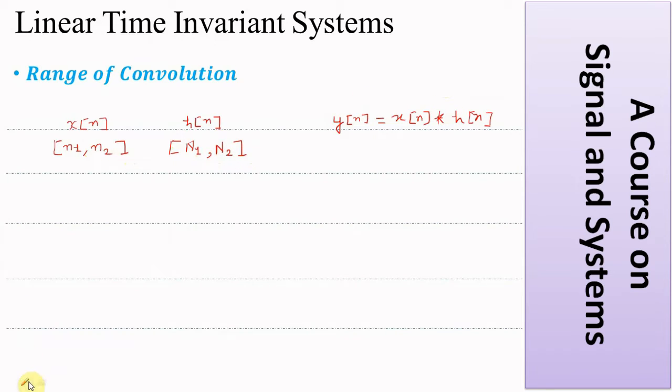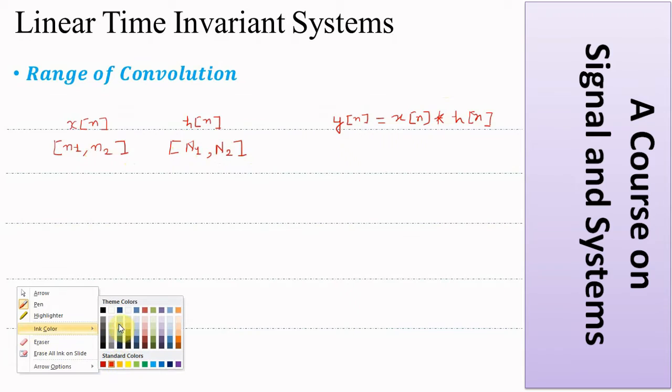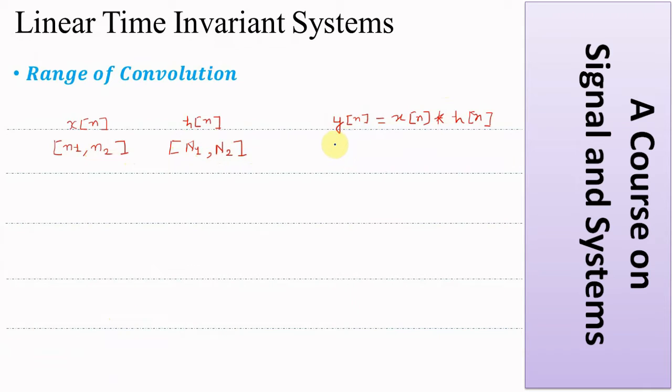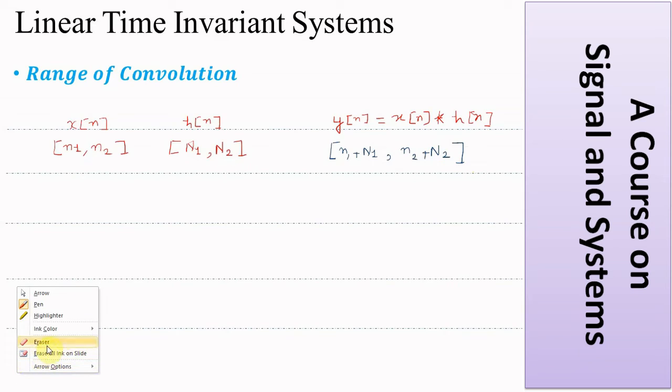Then it can be established that the resulting signal yn will range in time from n1 plus capital N1 and will be having a maximum value of time, that is n2 plus capital N2. This is of course for the case of discrete time systems.